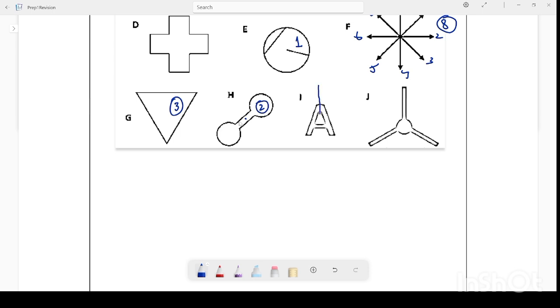And this is the alphabet A, which has only one side, so its order of rotational symmetry is 1. But in fans, we can see that there are three sides, the same, 1, 2, and 3. So that's why its order of rotational symmetry is 3.